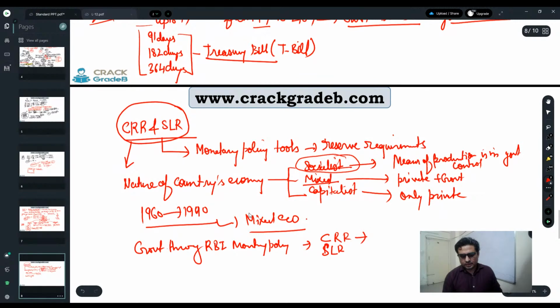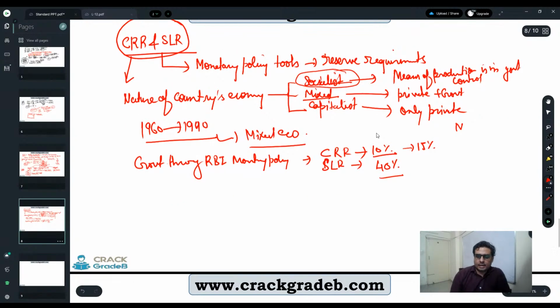So CRR is about 10% or even sometimes 15%, whereas SLR is 40%. So if SLR is 40% and CRR is 10%, the bank has NDTL of 100 rupees, and out of 100 it has to put 10 rupees as cash and 40 rupees as government securities.